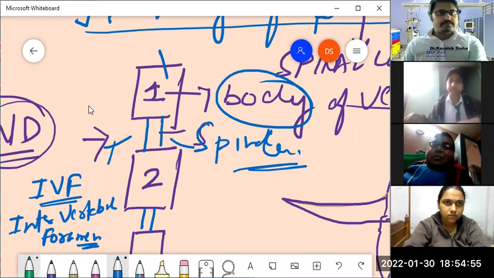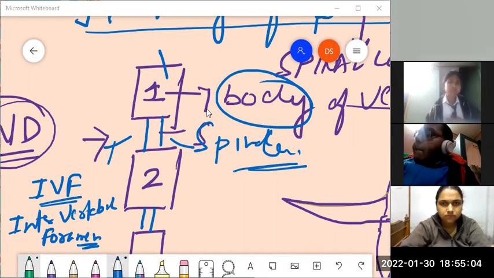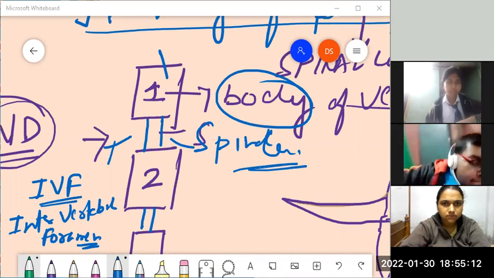So what is foramen? If you remember your lessons of the skull, you will know that foramen is basically an opening. Opening of what? Opening of the skull cavity.